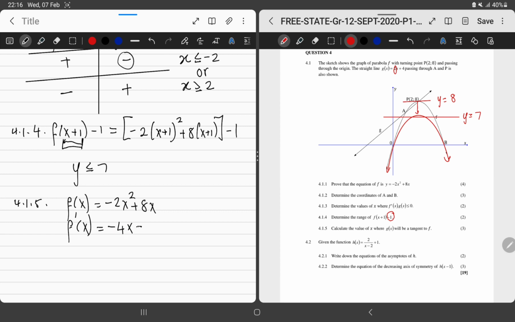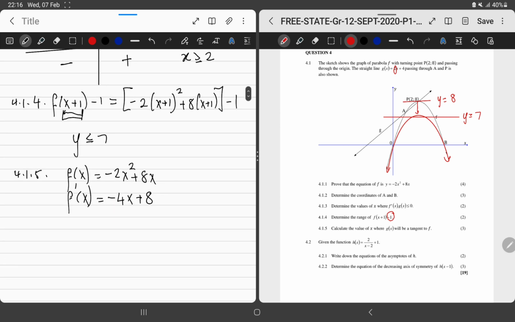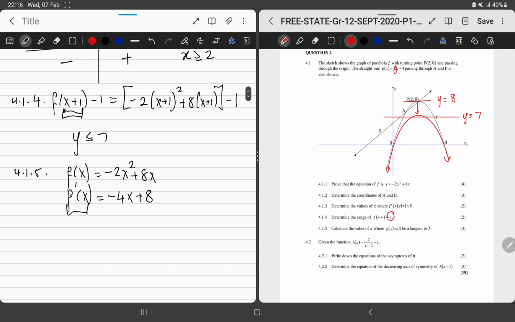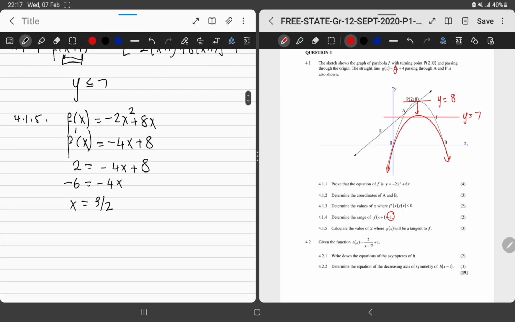Minus 4x plus 8. The gradient will be equal to 2. This is 2 equals minus 4x plus 8. This is minus 6 equals minus 4x. My x value will be 6 divided by 4, which is 3 over 2.